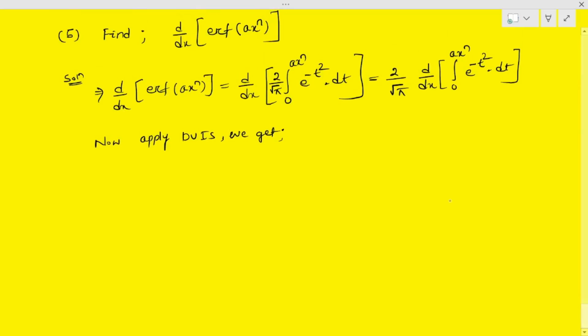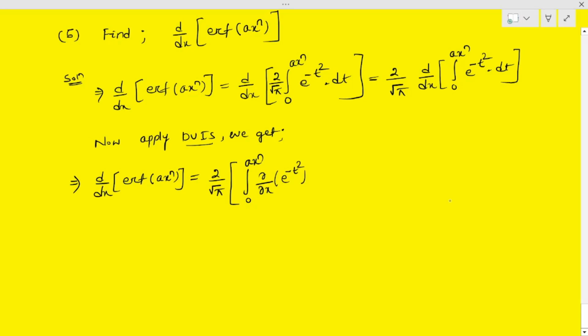That implies d by dx of the error function of ax to the power n equals 2 by root pi, the constant, already there, just written as such. First, by using DUIS, the term will be the integral with limits 0 to ax to the power n of del by del x of e to the power minus t square dt.